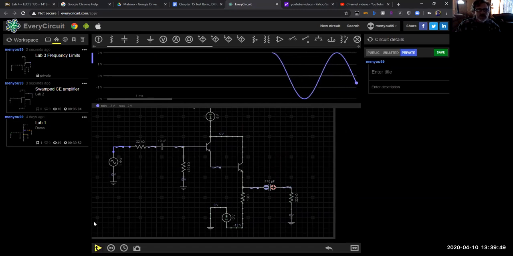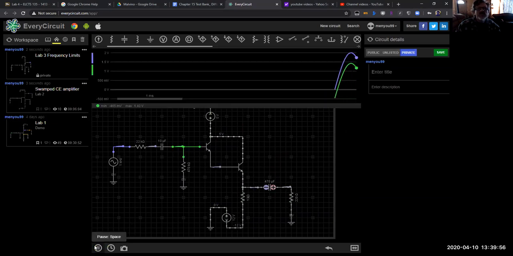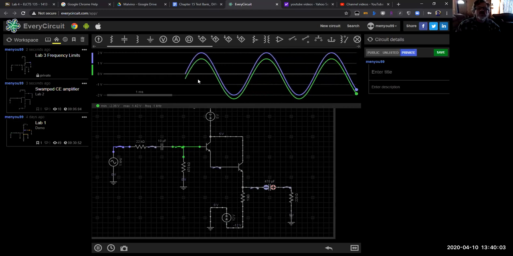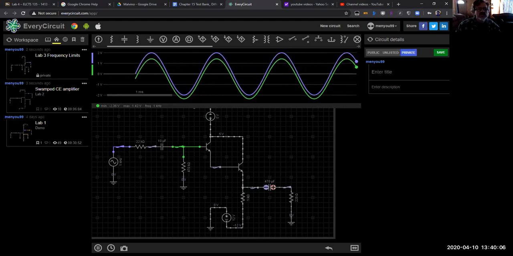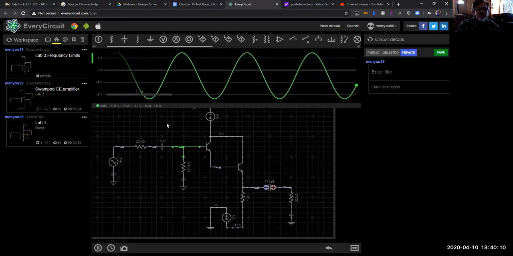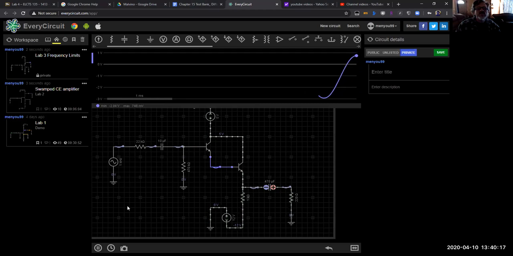You can get your base here and observe as we run. What do you have going on in that case? There's the source and the base in this case. If I get rid of the source, now I can see what my base is. And you can also look at the base of the other one of the Darlington pair. We can even compare the two.